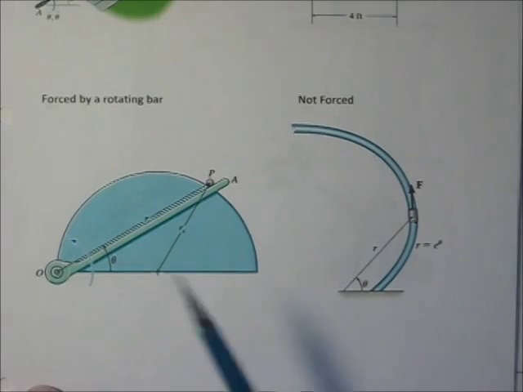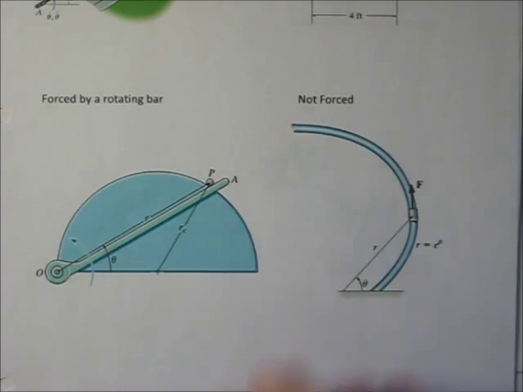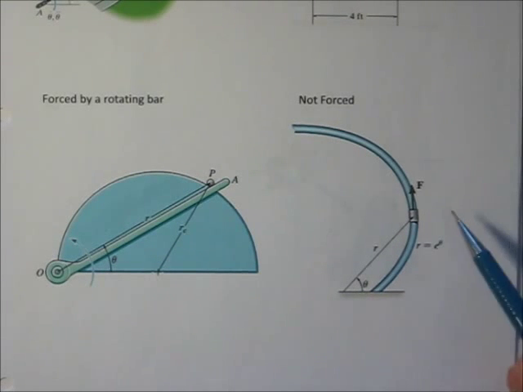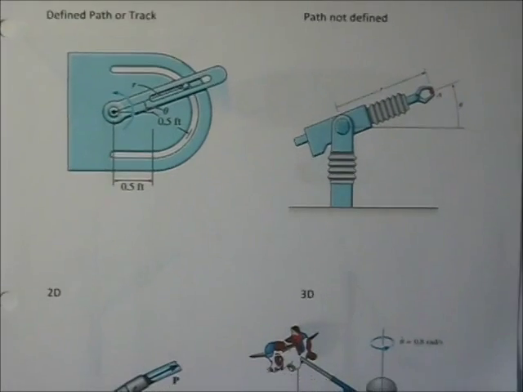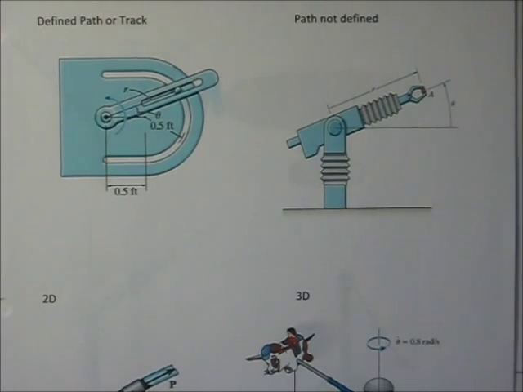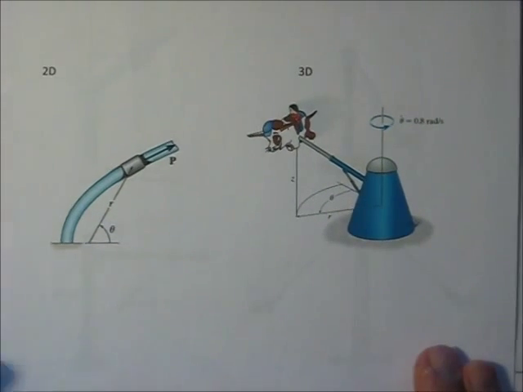It can be forced by a bar, or it can be not forced. In other words, the particle can be moving on its own, maybe there's a force on it, maybe it's just got some velocity. It can have a defined path like this, or it can have a not defined path like a robot. It can be two-dimensional and just flat, or it can be a three-dimensional problem.